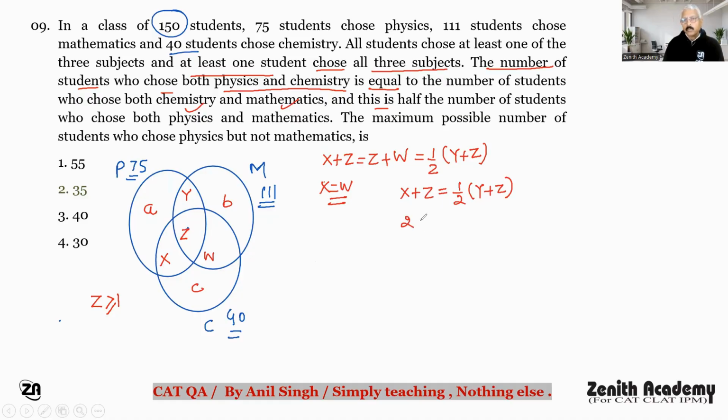Then it becomes 2X plus 2Z is equal to Y plus Z. So 2X plus Z is equal to Y.